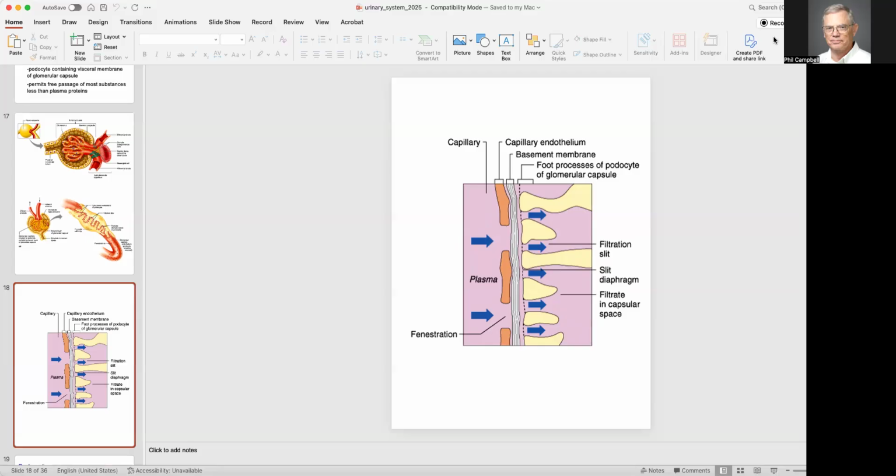So, with filtration, blood flow is in a single direction, all right? The holes are transverse to the flow of blood. How many of you have used filtration membranes? Any of you? Okay. Most filtration membranes are vertical, in line. You have the filter and the flow is going this way.